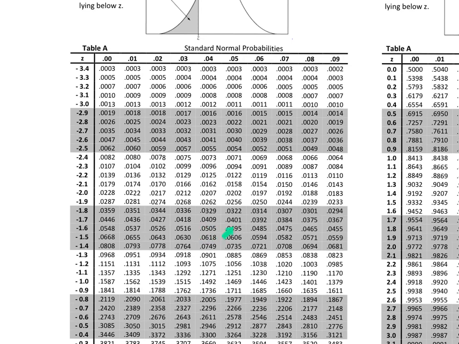Yeah, it's between these two. And I think we chose 1.645. Okay, so that's using the calculator, but we're using the table. So I'm going to say 1.65. Let me draw it out.